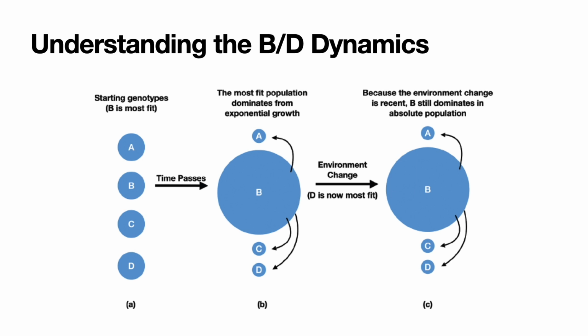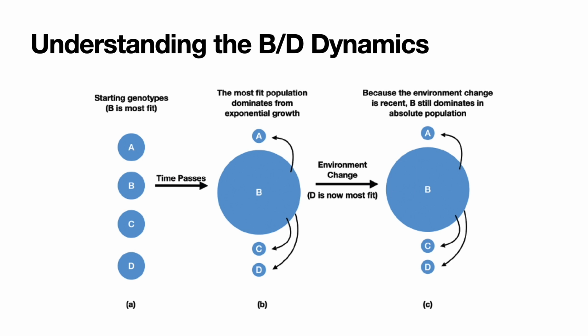And so these four states are A, B, C, and D. So when we begin the simulation, each genotype has the same population size. But because of the fundamental theorem of natural selection, whichever one has the highest fitness will wind up dominating the population. So in this case, we're using B as the one that has the most fitness. And so you can see that the population of B explodes compared to the other ones.